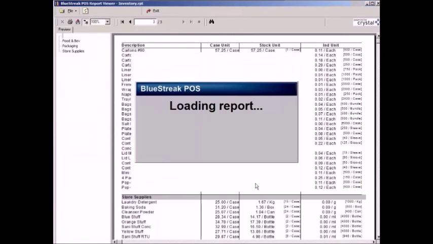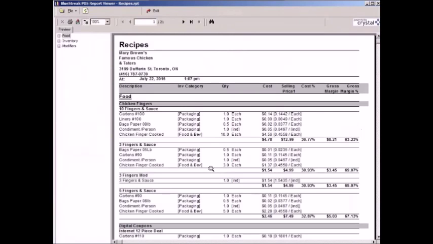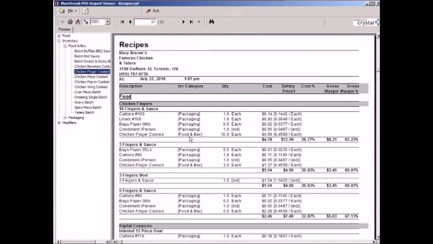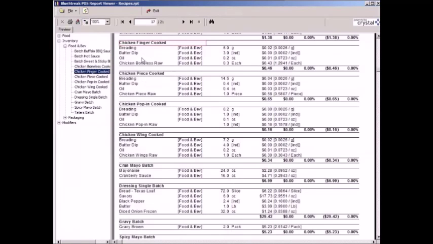It would show you every menu item in the system and what the recipe was to make up that menu item. So when I say a 10-finger and sauce, you'll be able to see, okay, we're allocating this, this, this, and this. In this case, we say chicken finger cooked. I can drill into this and see my chicken finger cooked is using breading, batter dip, and oil. So you have access to this through your reporting.